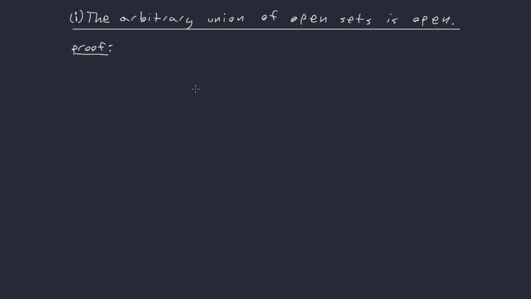Okay, so we'll start with the arbitrary union of open sets is open. So we're going to let O sub lambda, for lambda in capital lambda, be an arbitrary collection of open sets.